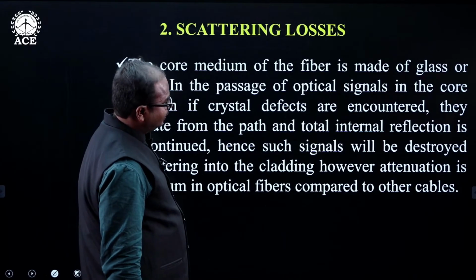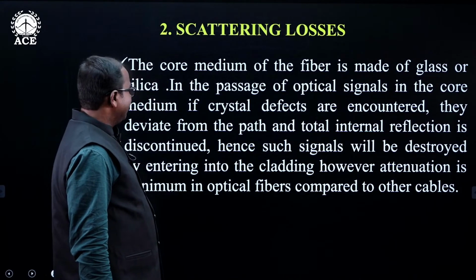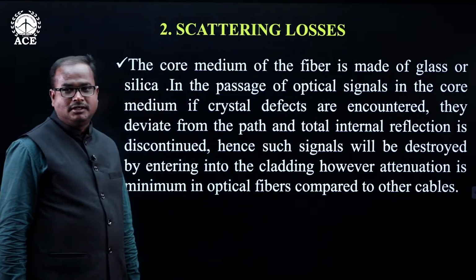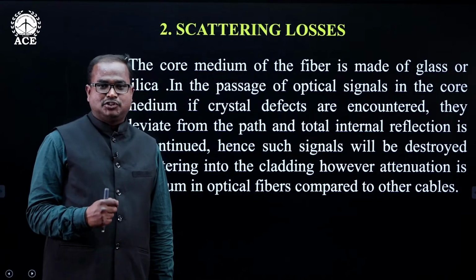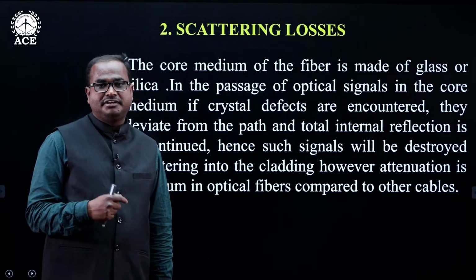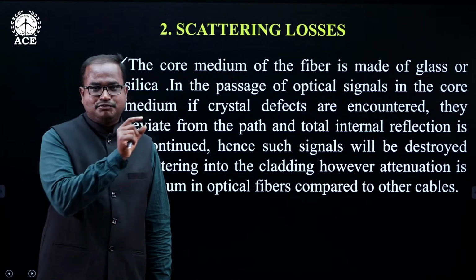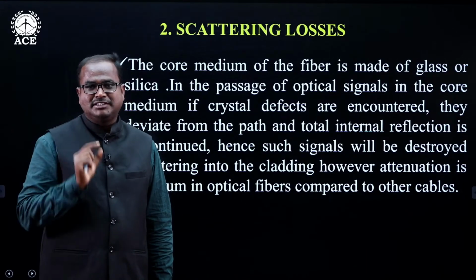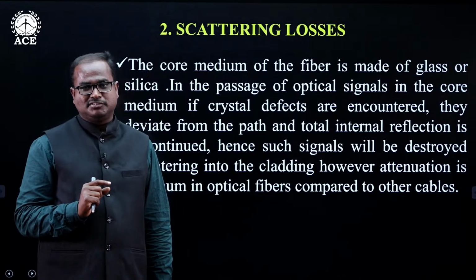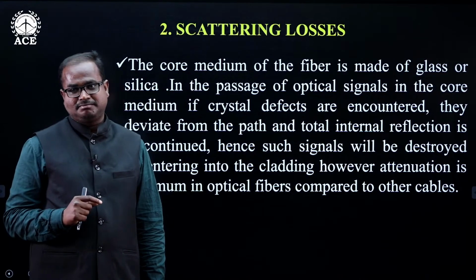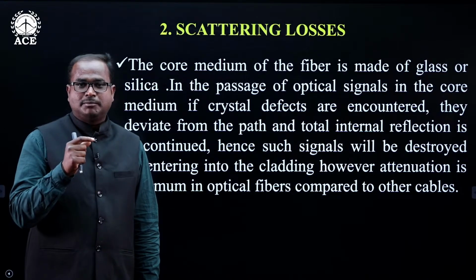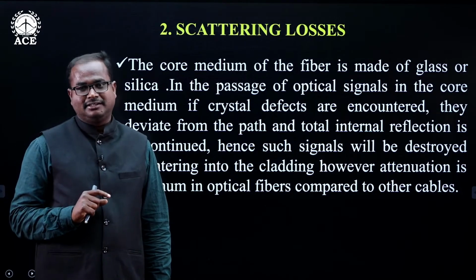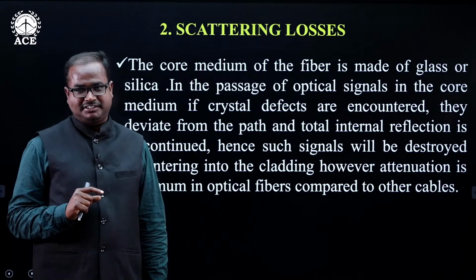In the passage of optical signals in the core medium, if any crystal defect is observed, you might have studied about defects in intermediate. If you have a regular arrangement of atoms, if any extra atom is added to the regular arrangement of atoms, that is considered a defect. Or if any atom is missing in the regular site, that is also considered one of the defects.